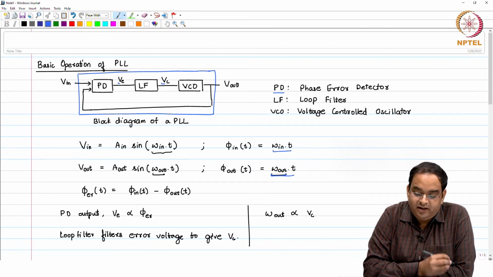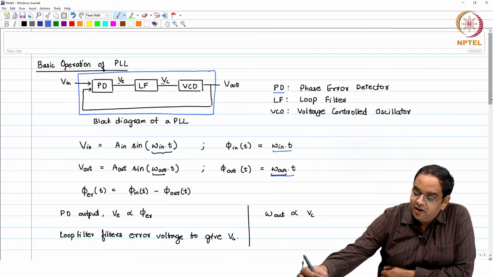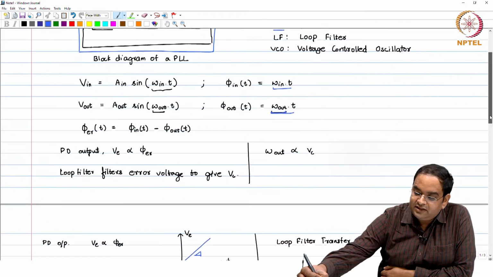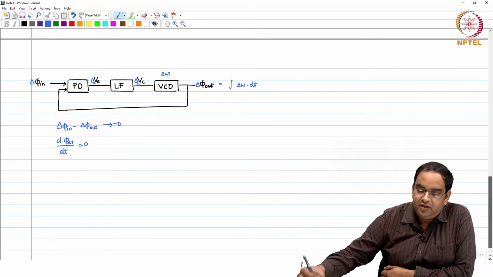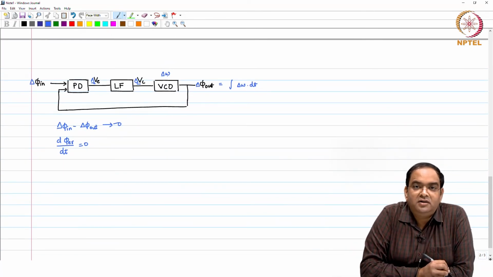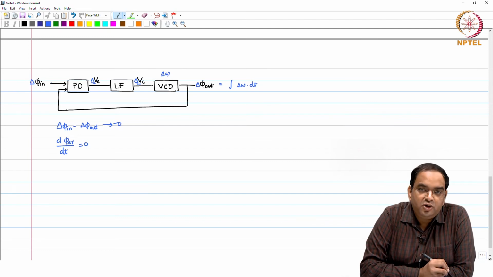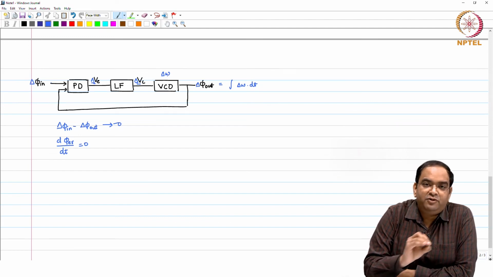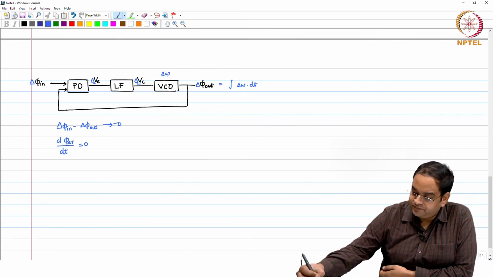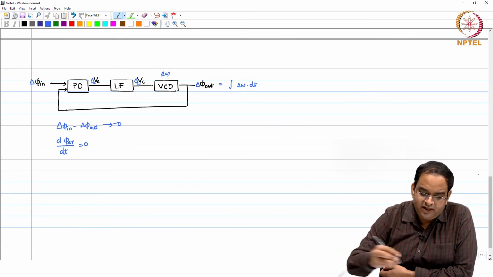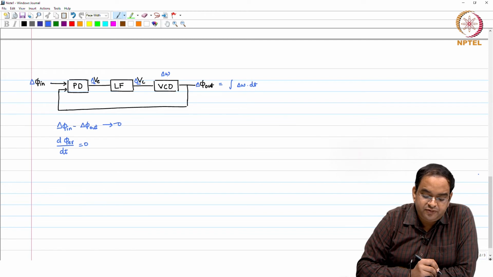It is not easy to extract the phase or frequency of the signal using the circuit elements which we know, but we have to design in such a way that they operate on phase and frequency.